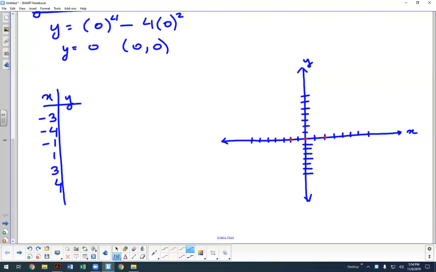So can you tell me when we put this into our function, what do we end up getting? And then just using our x-intercepts, we have these ordered pairs also.